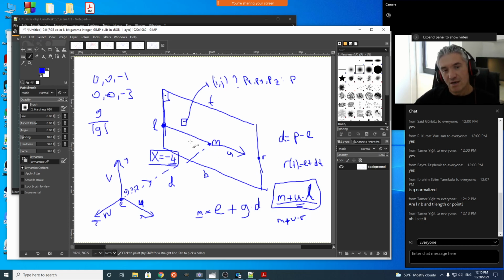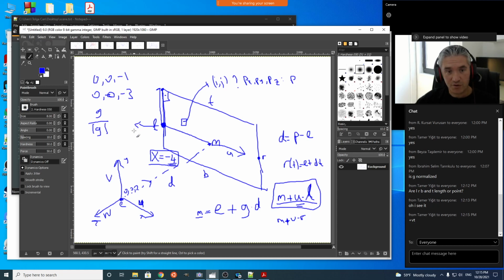Now, if I'm at this point, m plus u times L is exactly this point. My next goal will be to move to this top corner so that I can find the coordinate of the 0, 0 pixel. First, let's find this top one. Let's name this point with some variable. We are going to add another plus vt.